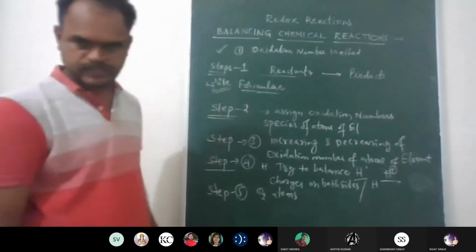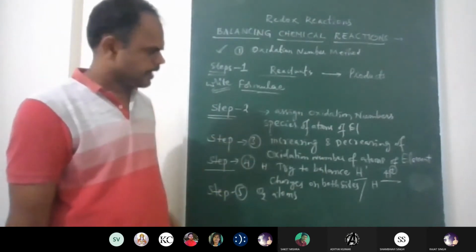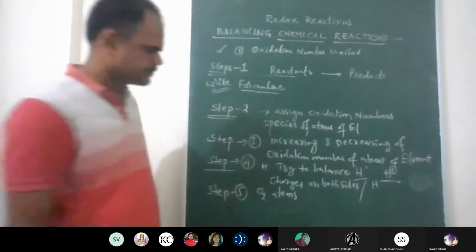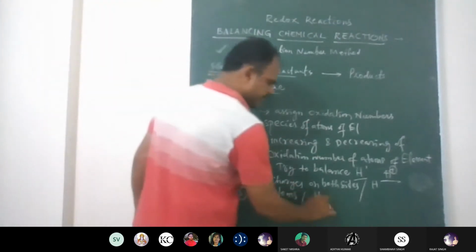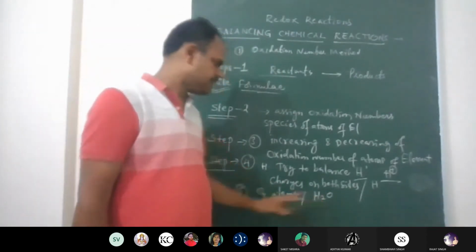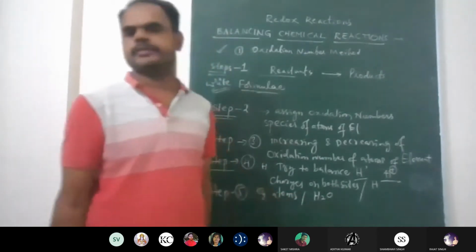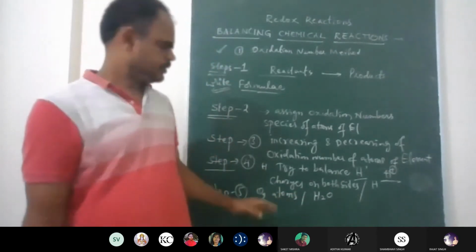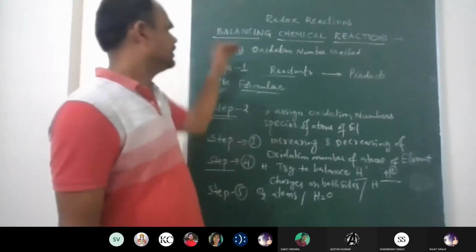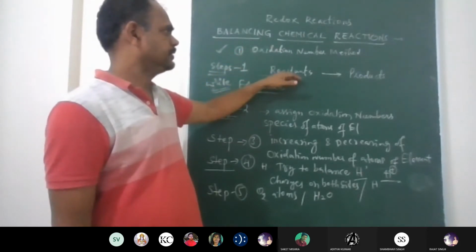If the oxygen atoms are unequal on both sides, the left side and the right side, or the reactant side and the product side, the oxygen atoms can be balanced by using an appropriate number of water molecules. So these are the 5 steps we follow in the oxidation number method for balancing a chemical reaction.